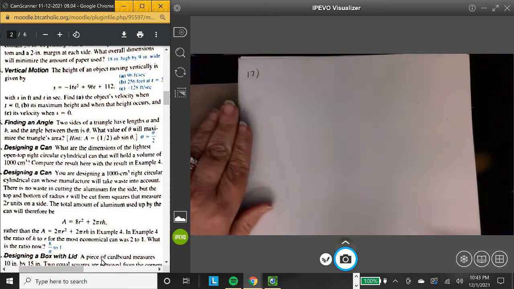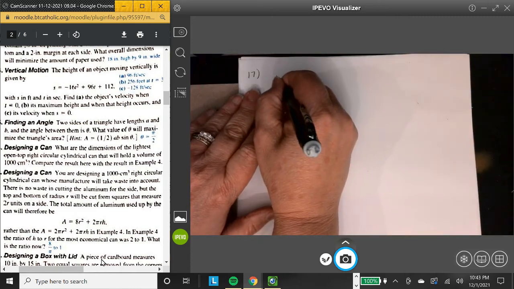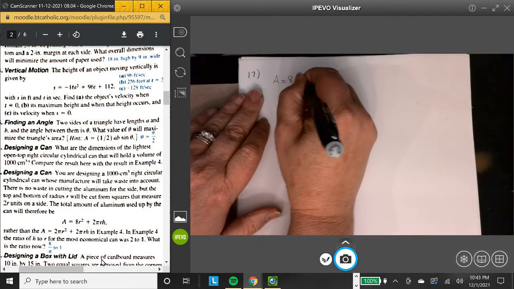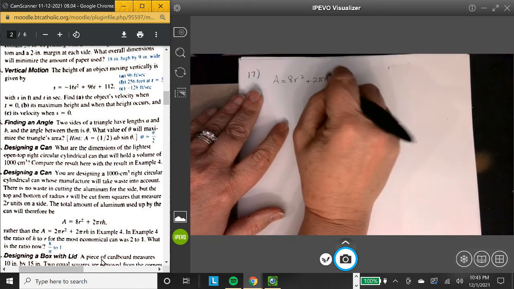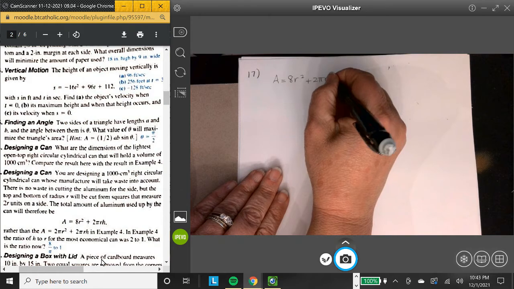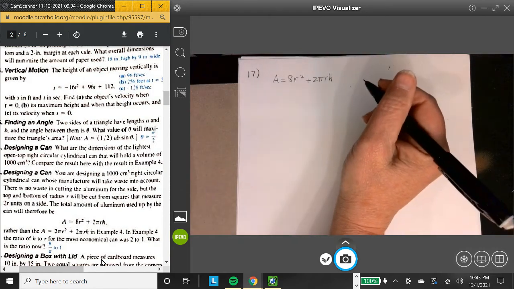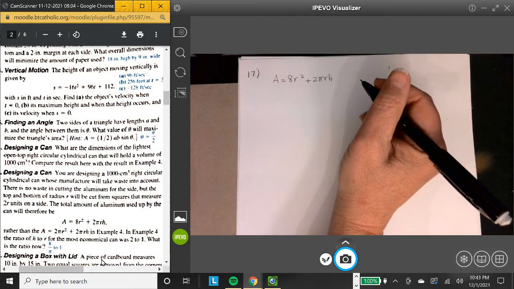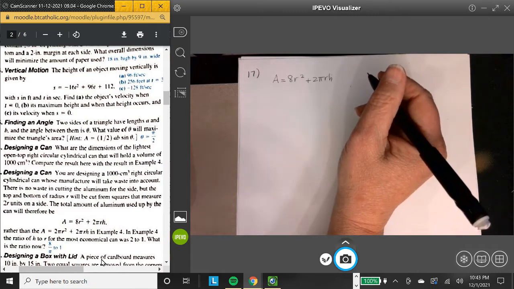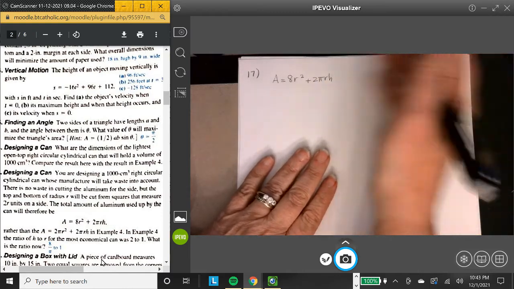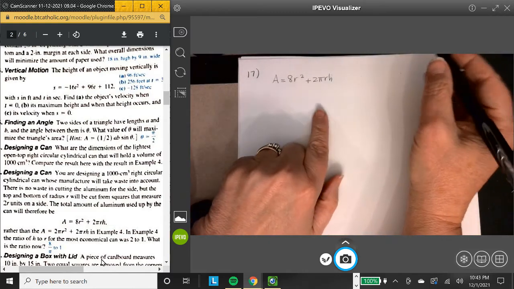The total amount of aluminum, so this is aluminum, equals 8R squared plus 2 pi RH. I was going to put a square there, but it's H. All right. Rather than the one in example 4, we want to find the ratio of H to R, which means whatever I find for H, I'm going to put it over R and see what ratio I get.